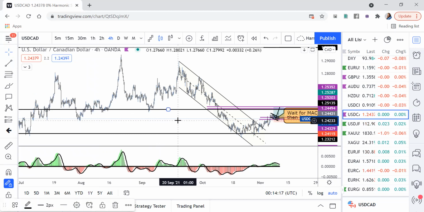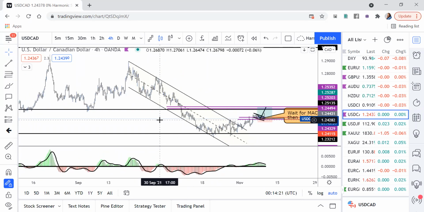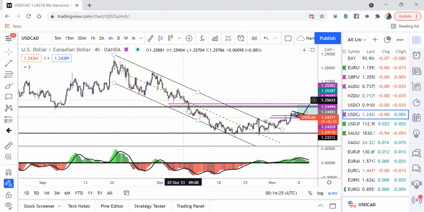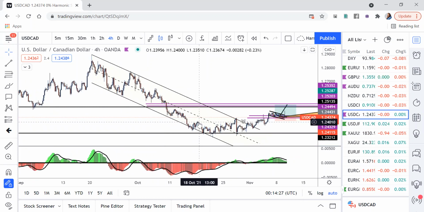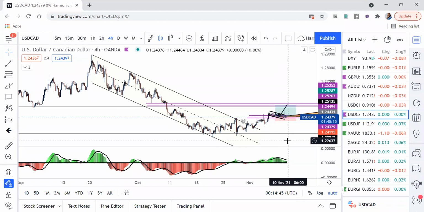If we look at this on the 4-hour time frame, you can see that we had a break of structure. Price never came back to retest this zone for a continuation sell. So now price is coming around to test this zone, so that we can look for a bounce off of this zone to the downside.